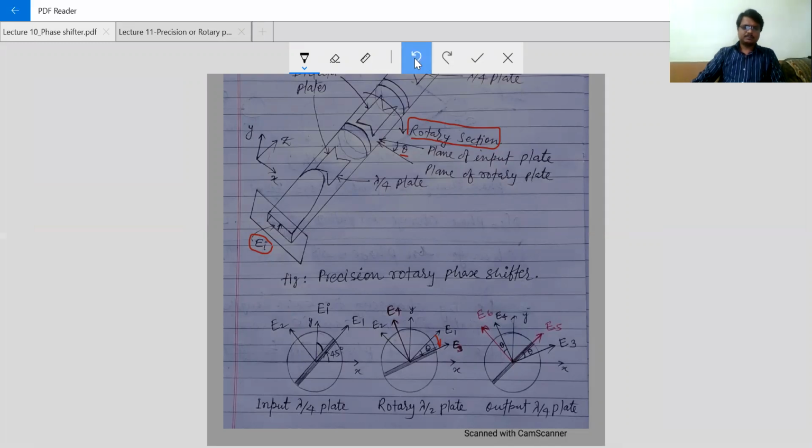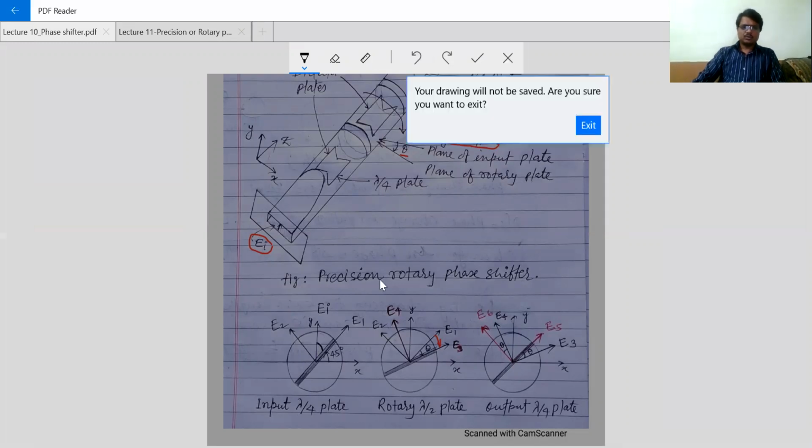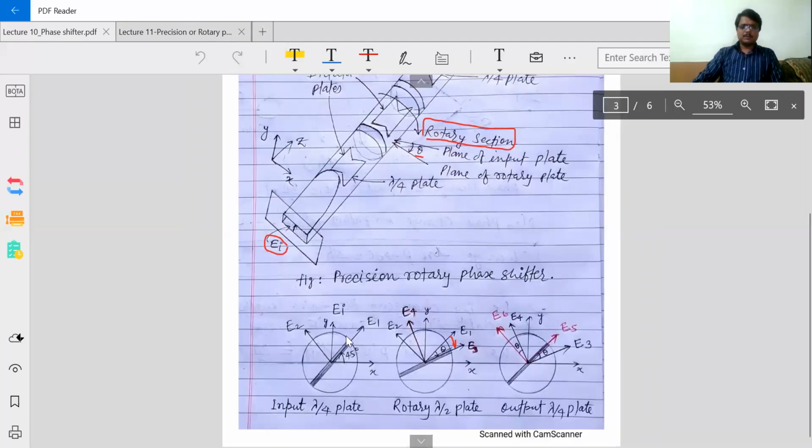So what will be E1? E1 will be Ei sin 45, and what will be E2? E2 will be Ei cos 45. So it is very simple.